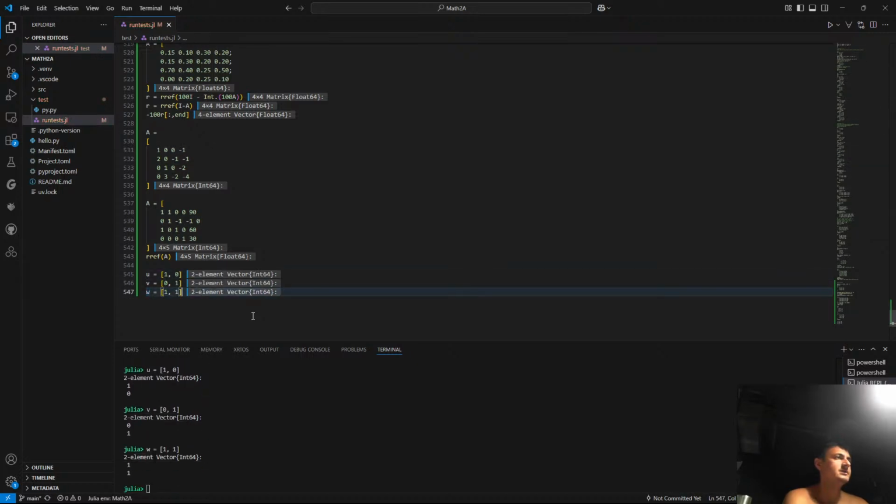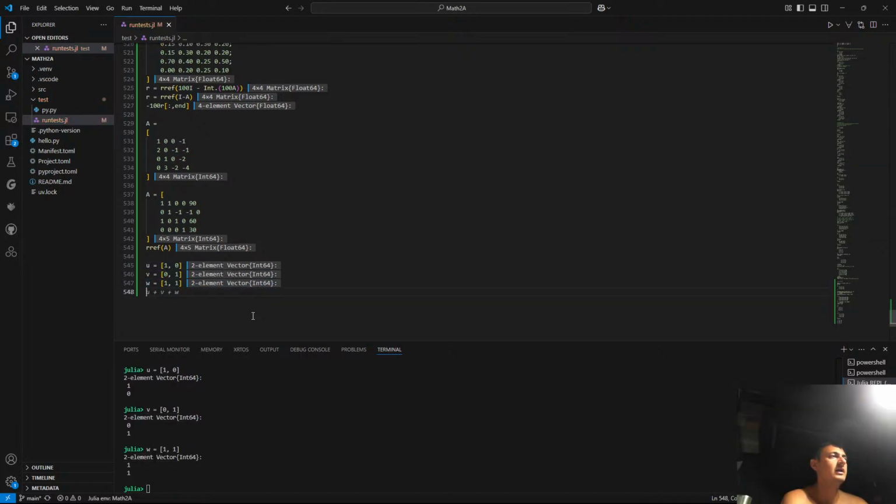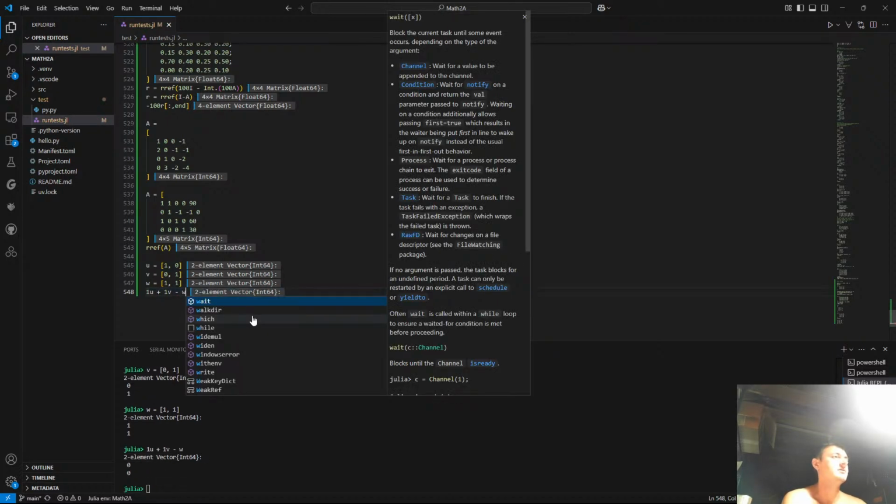So consider these. Now, there does not exist a multiple of U that equals V or W, and similarly for V and W. However, 1U plus 1V minus W is 0.